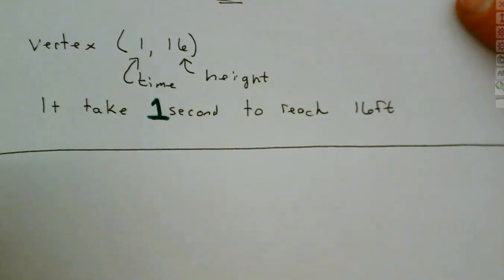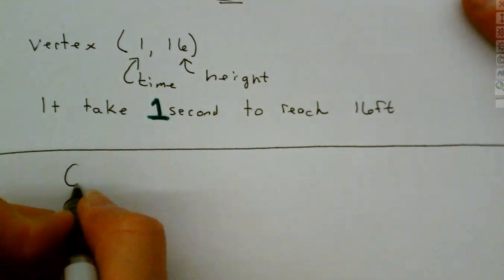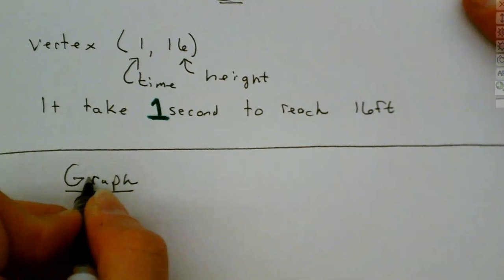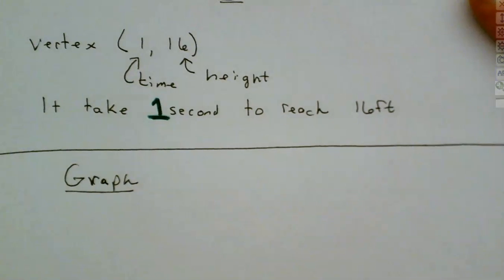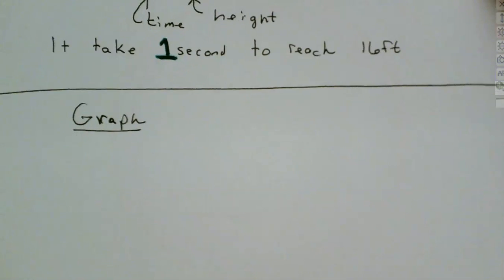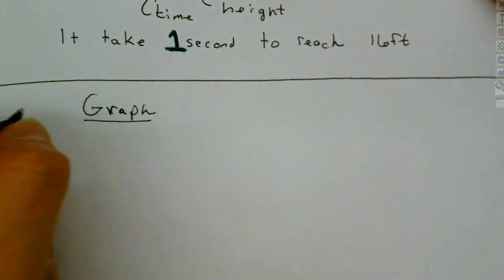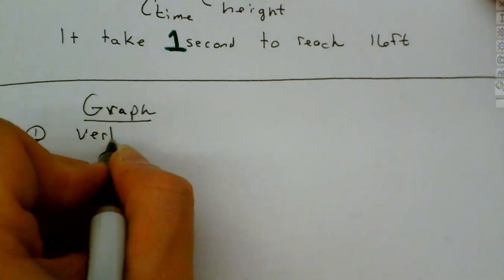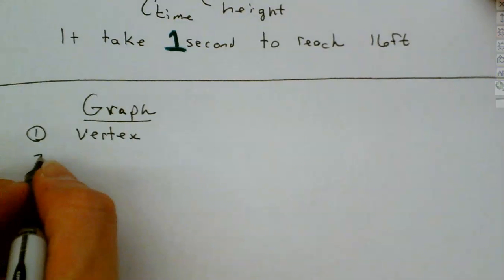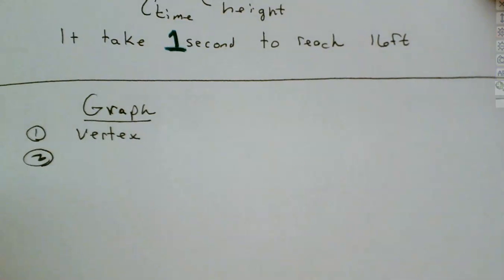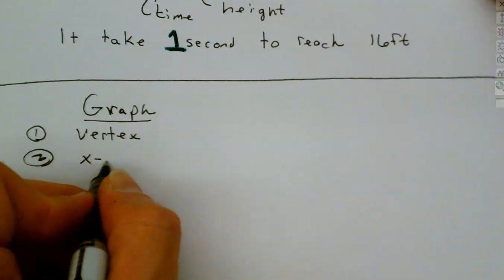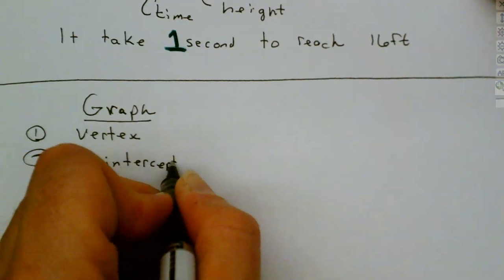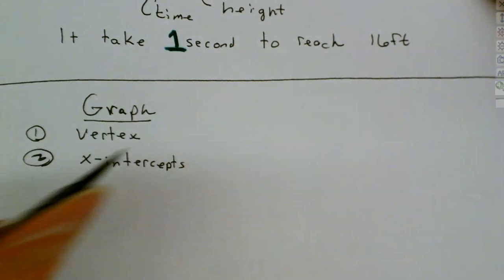Now let's learn how to graph some of these. And when we go to graph these, there's certain things that we need to find. Okay, we need to find our vertex. And then we also need to find our x-intercepts, if you have them. And how do you find your x-intercepts?